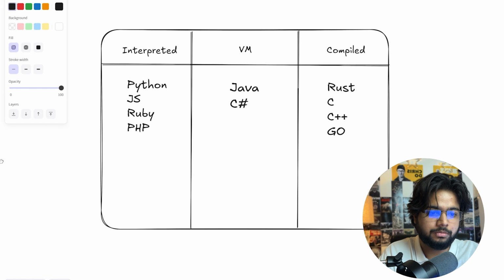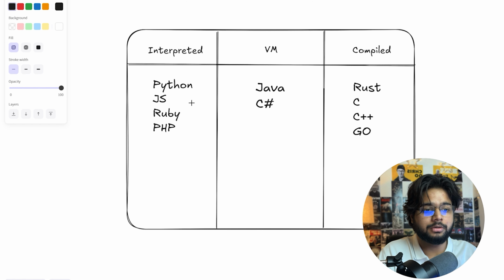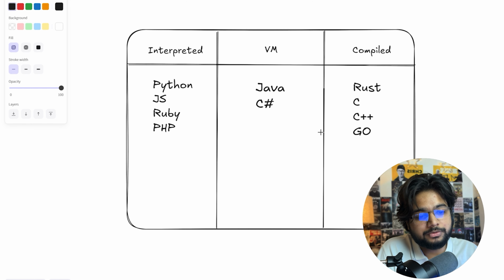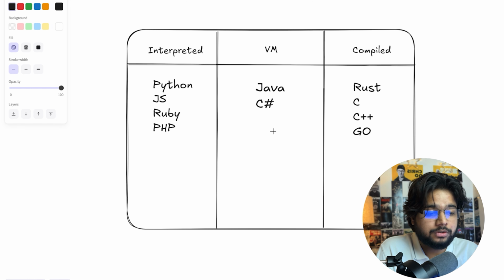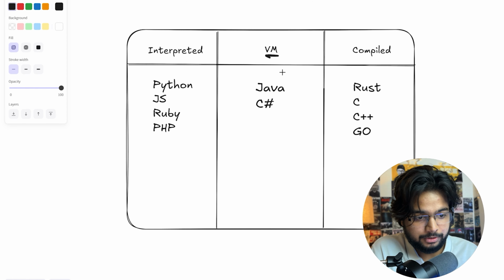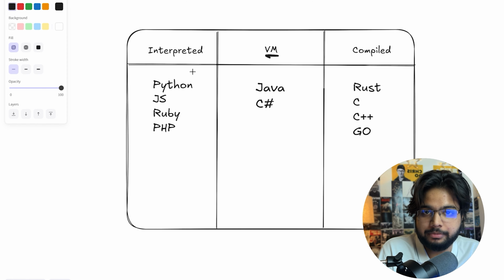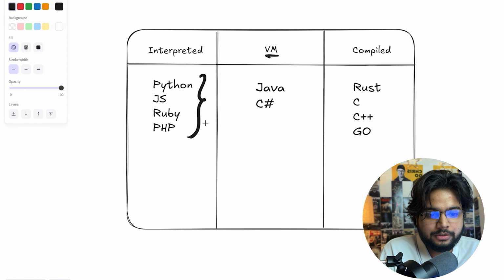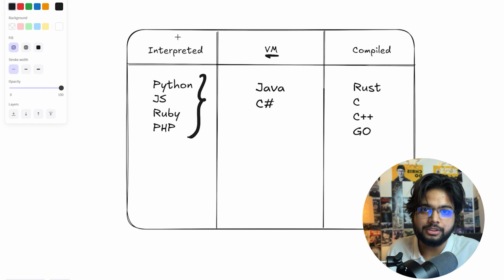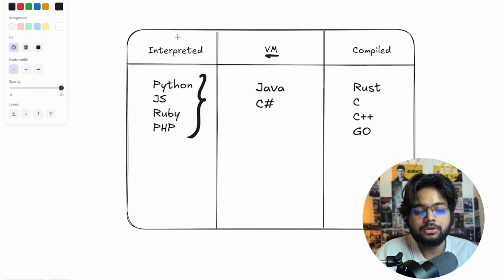Now let's talk about interpreted, VM and compiled languages, how Go performs, and what compiled languages, interpreted languages and VM based languages are. Let's talk about the interpreted languages first. These languages need some libraries to be downloaded. You have to share the code with the client to run this.